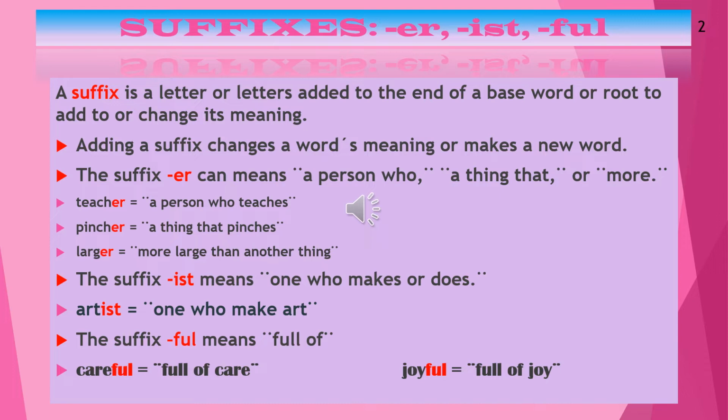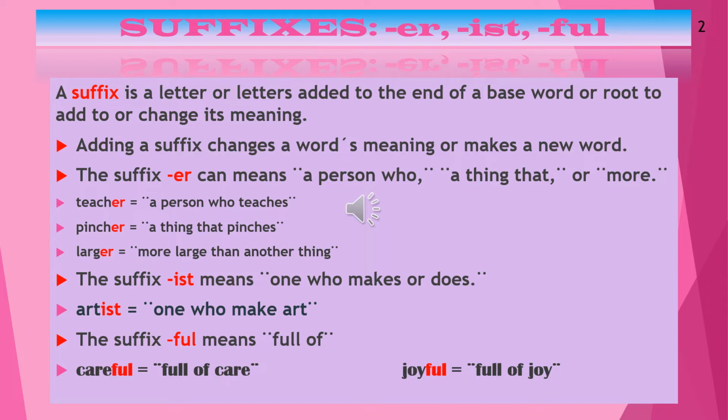But now we find out that a suffix is the opposite. A suffix is a letter or letters added to the end of a base word. One is at the beginning, and the suffix is at the end.